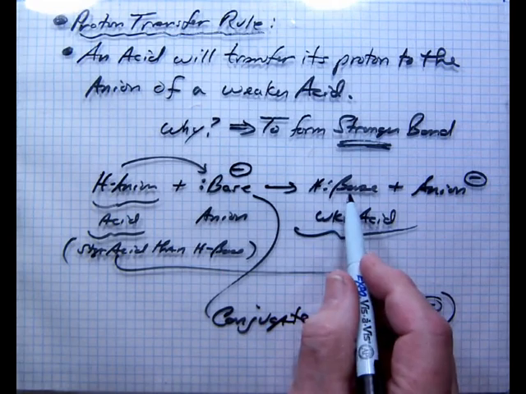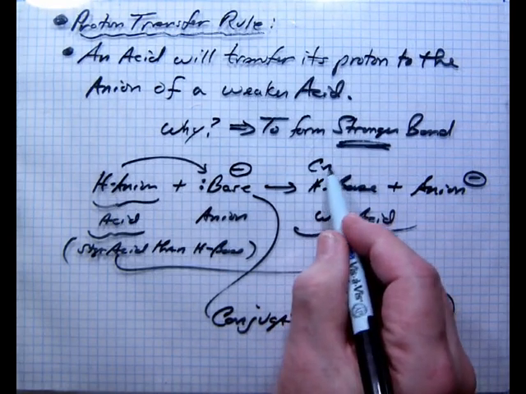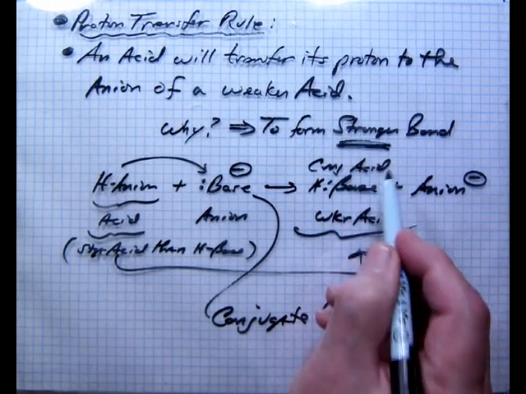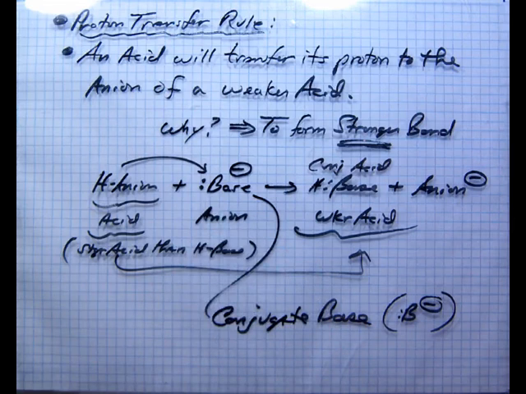And this acid over here is called a conjugate acid of that original base. Now, the conjugate base, you'll find in the literature and in your studies, to be far more dominant in things that are going on than the conjugate acid.